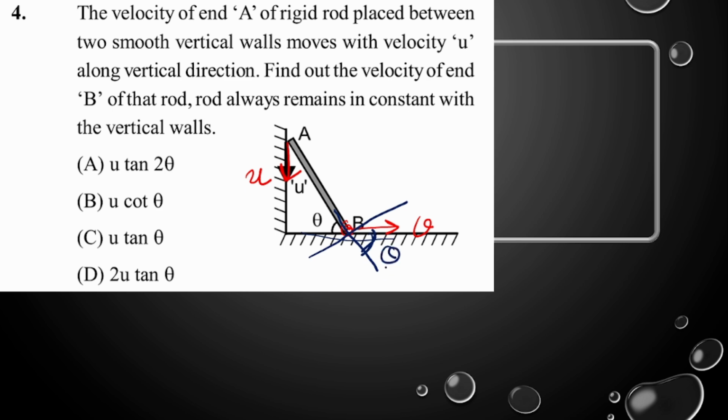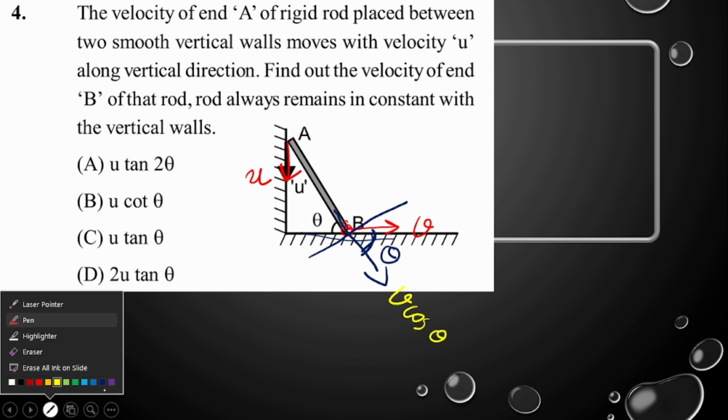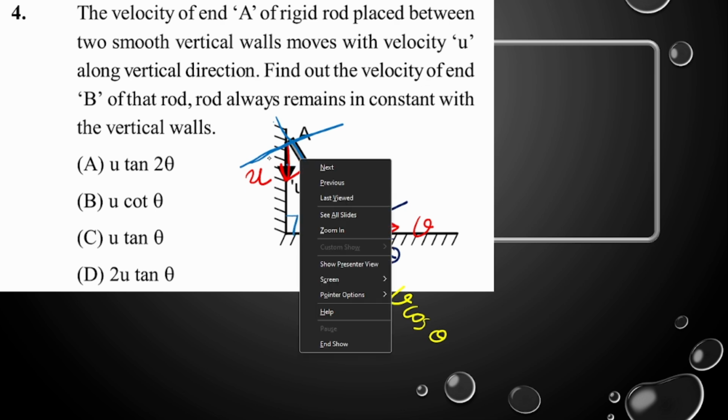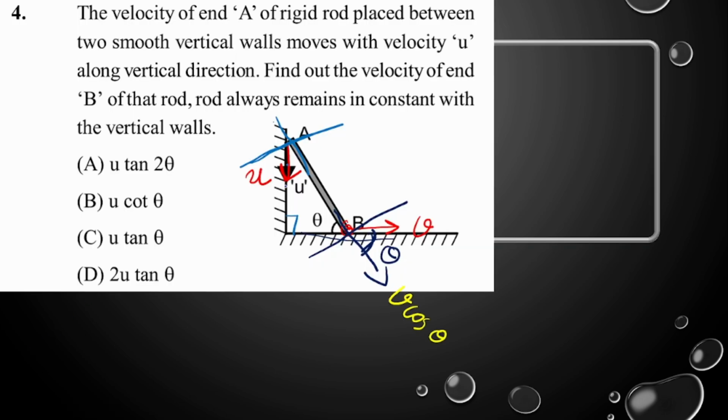So this component is v cos theta. Again putting the coordinate system somewhere over here, as this is theta, this is 90, this will be 90 minus theta, so this comes out as theta, and this is again theta.